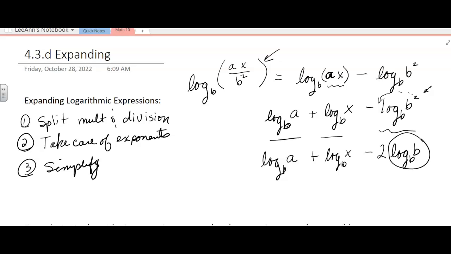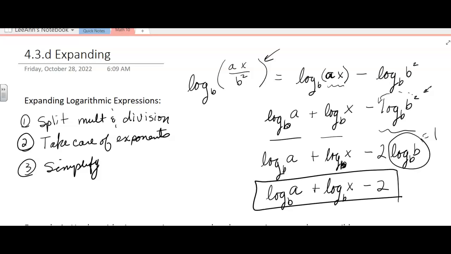But this is property 2, right? That just equals 1. So anyway, we knew it was going to be a 2, but log base b of a plus log base b of x minus 2. So the last part you're going to simplify.